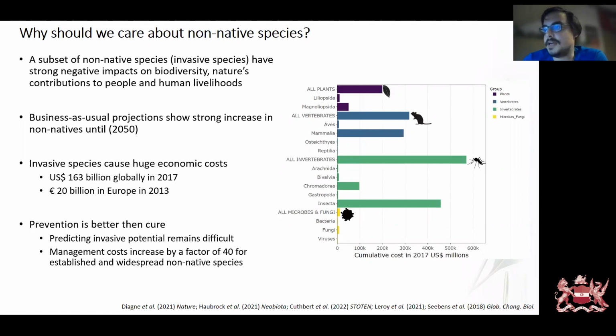And also we find that management costs increase by a factor of around 40 for established and widespread non-native species. So if we act early, we reduce the cost, and we of course increase the likelihood and the manageability of reducing unwanted impacts of non-native invasive species.